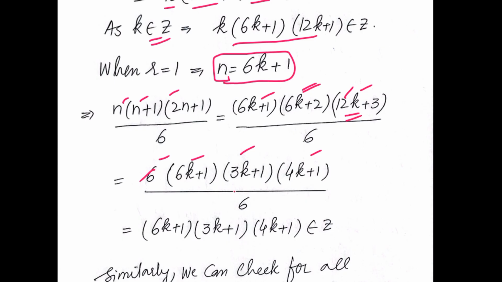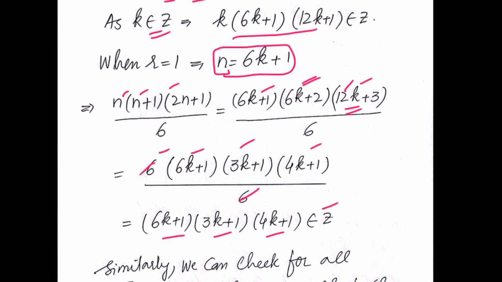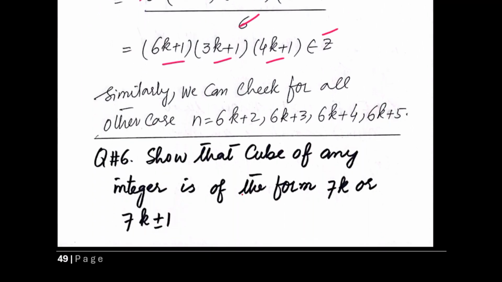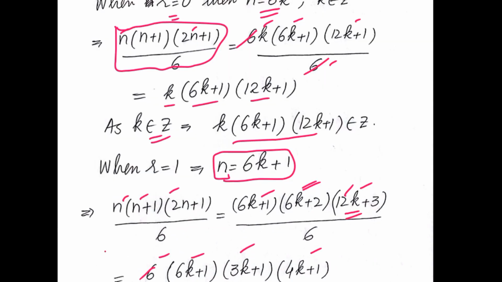Cancelling out 6, we have 6k plus 1, 3k plus 1, 4k plus 1. That is again an integer. Similarly, we can check for all other cases when your n is 6k plus 2, 6k plus 3, 6k plus 4, 6k plus 5. This number is always an integer.